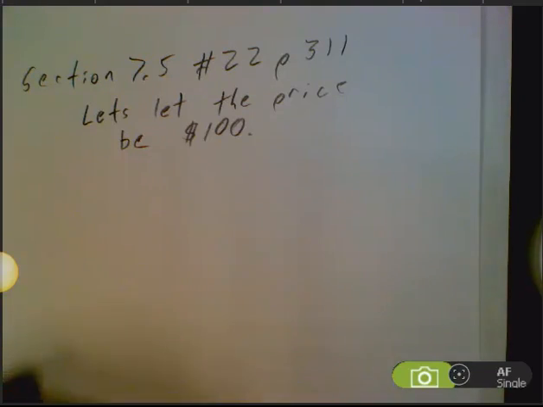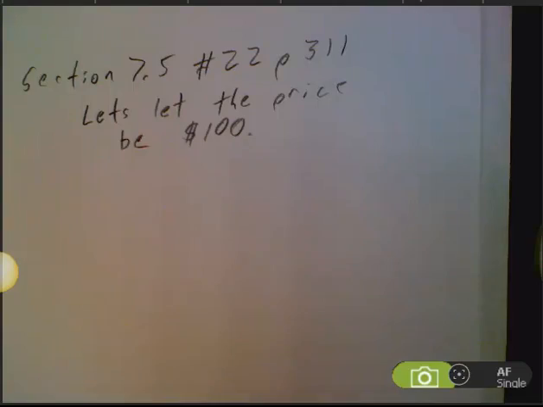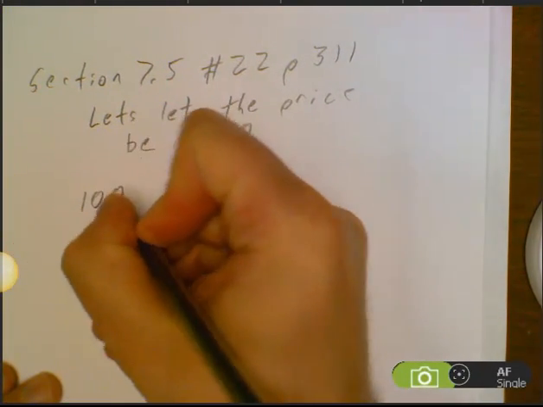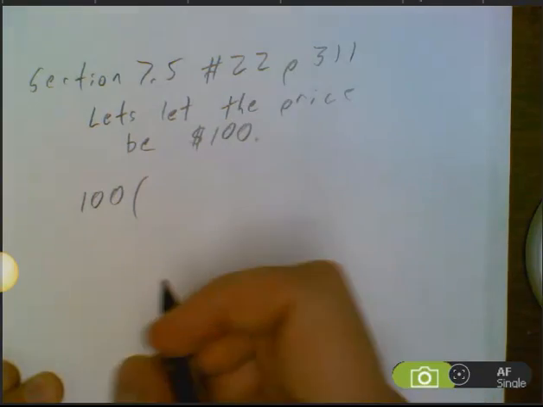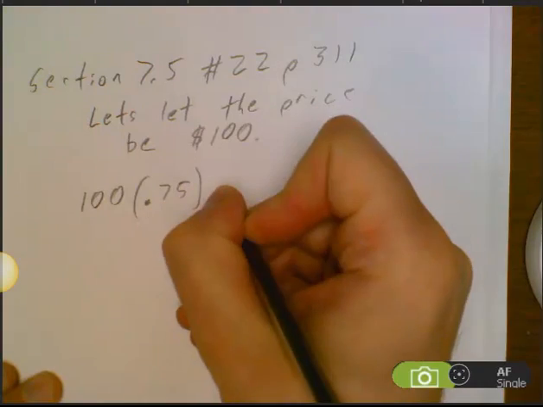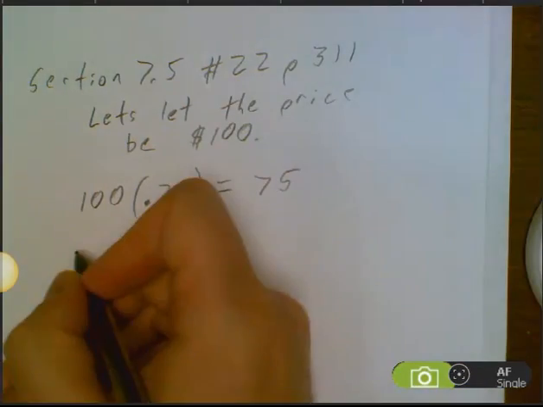And now when we get our answer, it'll be easy to see what's going on. So first it's a markdown of 25%. So it'll be 100 times, like we did before, if it's marked down 25%, 75% remains. So that's going to be $75.